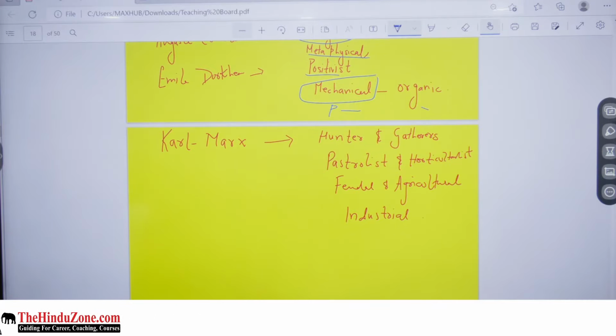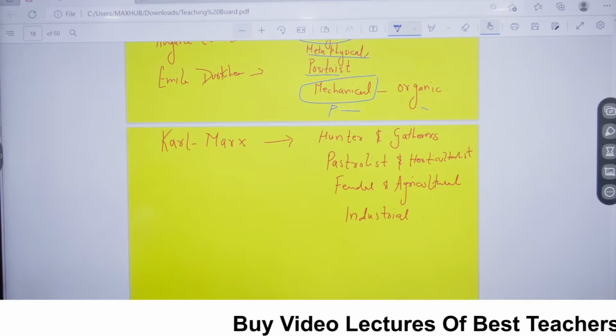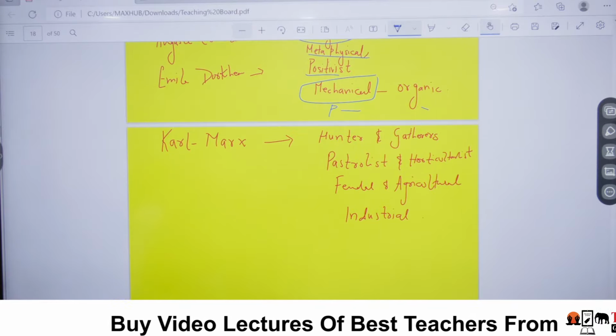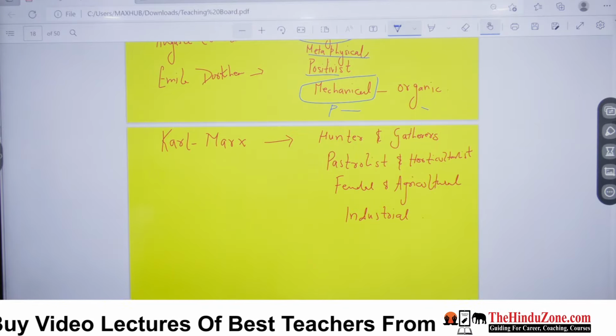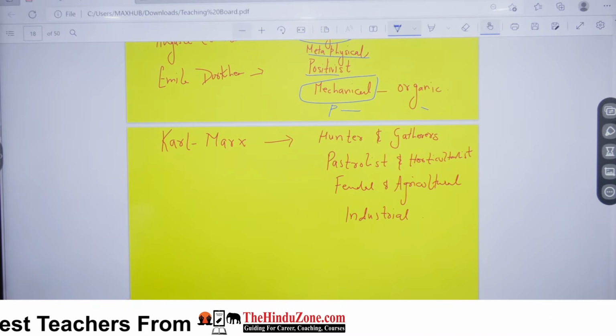Write down the thinkers' names: Herbert Spencer, Auguste Comte, Emile Durkheim, Karl Marx, Max Weber. They all have used the comparative method. Even today we have different sociologists using this method. Then the second method is the historical method. Write down.